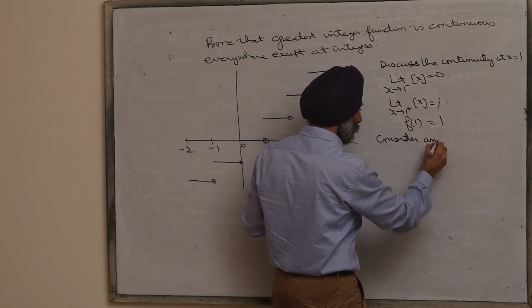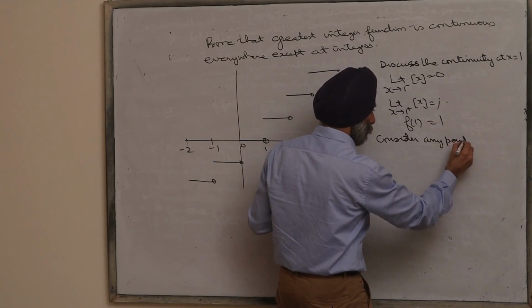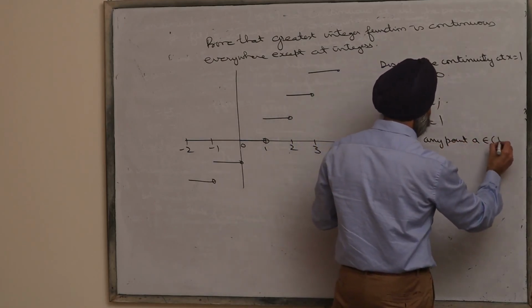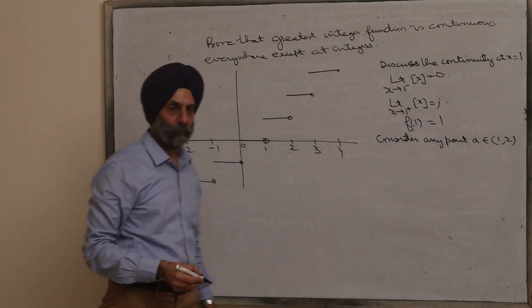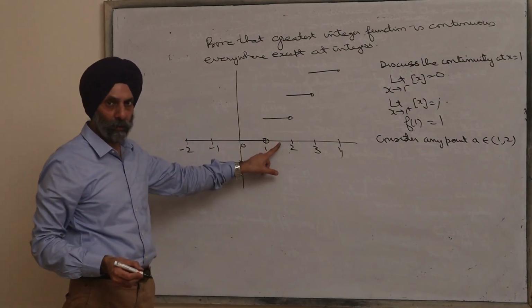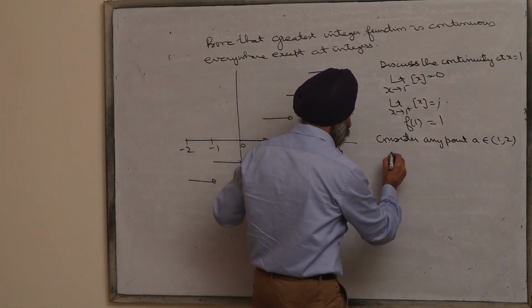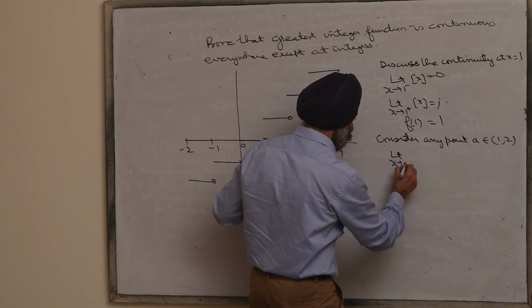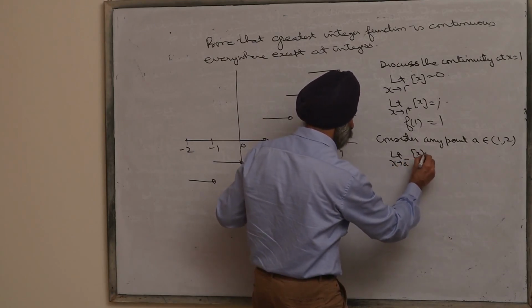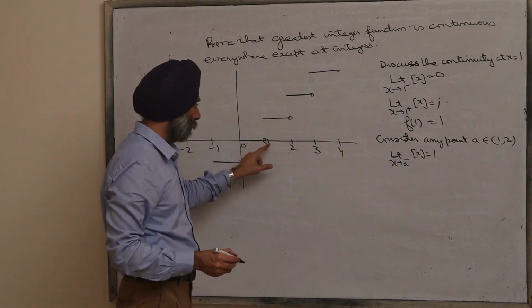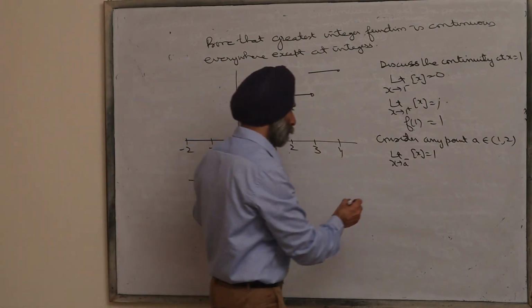Let's say consider any point a belonging to the interval 1 to 2. In this interval you can see that limit x approaches to a negative integral part of x is also 1 because it belongs to the interval 1 to 2.